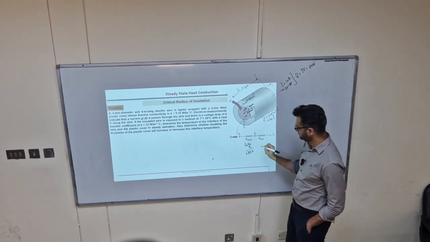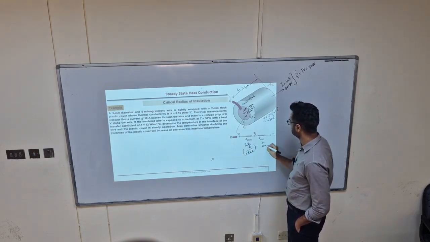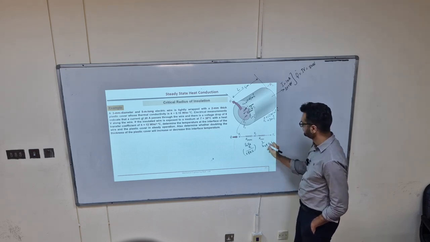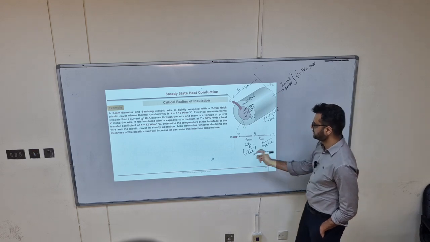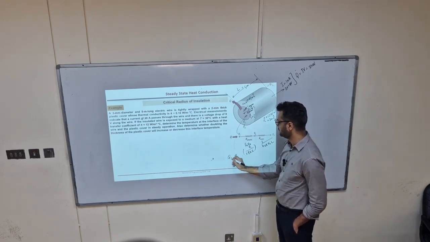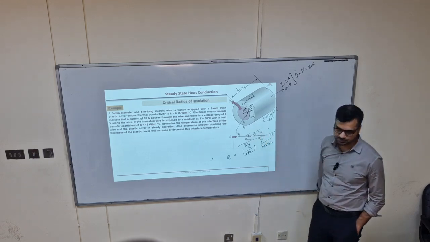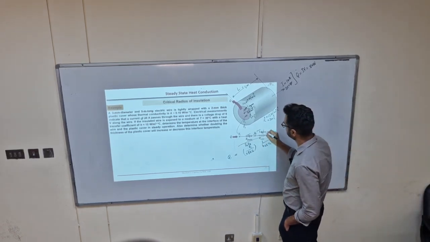This one is 1 over H 2 pi R2 L. So the sum is equal to Q dot divided by T1 minus T infinity.